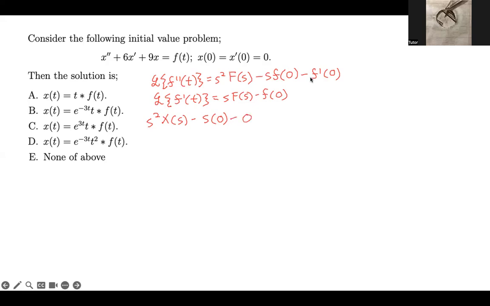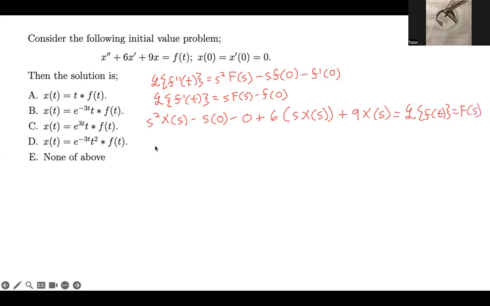Minus 0, because again, x prime of 0 is 0, plus 6 times s times X of s plus 9 times X of s, because the Laplace of x of t is equal to X of s simply. And all of this is equal to the Laplace of f of t, which is equal to F of s.